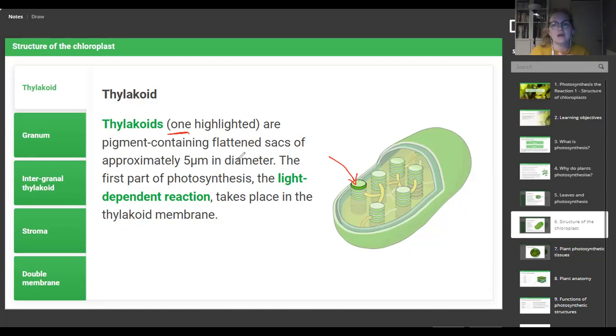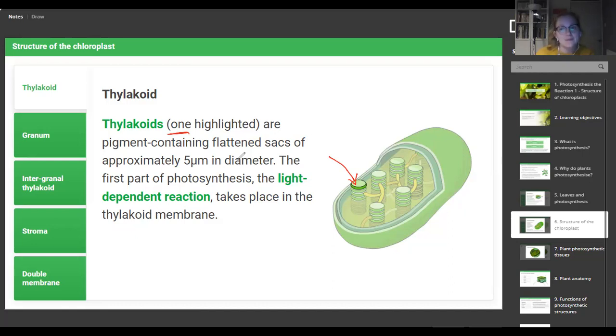So inside the thylakoid is where this light dependent reaction is taking place. If you look at this whole chloroplast and how many stacks and individual ones there are, it's happening a lot across the chloroplast all at once. So that's what a thylakoid is.